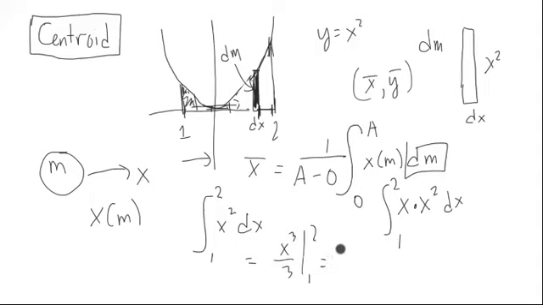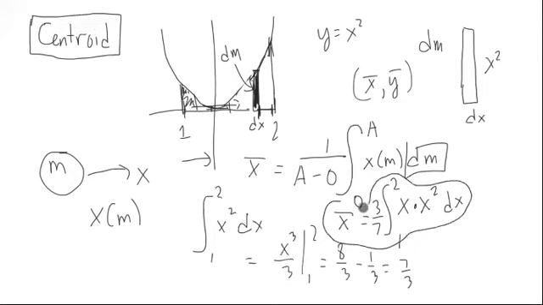So that would be 8/3 minus a third, which would be 7/3. So that's total area, and we're just taking the reciprocal of that, 3/7. So this right here will be x bar. X bar will be equal to that. That's the setup. And we could go through and make that computation now.